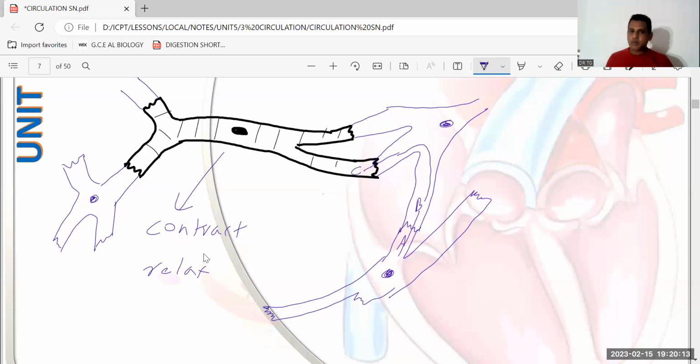Let's take another example. You touch a very hot surface. Now you are not thinking, oh, this is very hot, should I take my hand away or should I keep my hand? You are not taking a decision. Then without your consent, without your awareness, you immediately take your hand from this surface. So how does it happen?